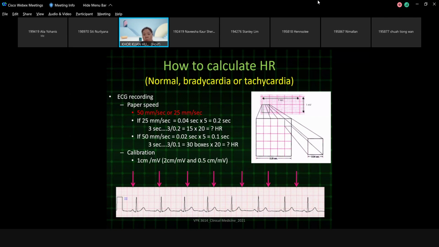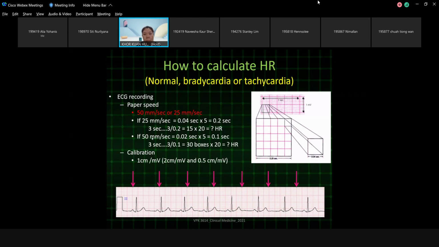Okay, you need 15 boxes. For me, the rule of thumb is you multiply back by 20. 3 times 20 is 60 seconds, so that's equivalent to a minute. All right, so you get 15. So by right, you're just counting 15 boxes, then you get the heart rate already.